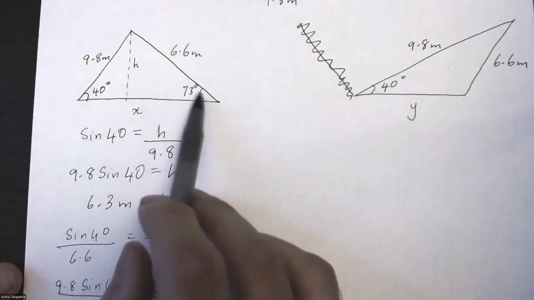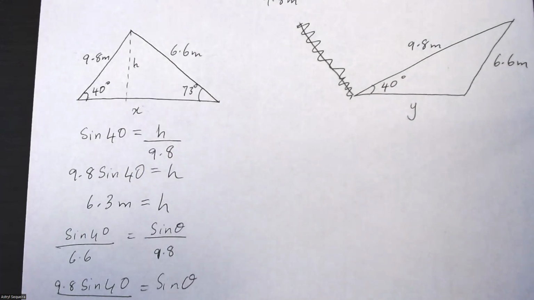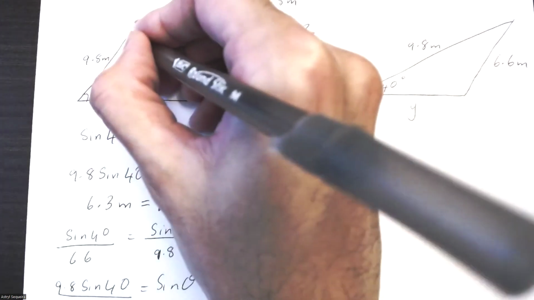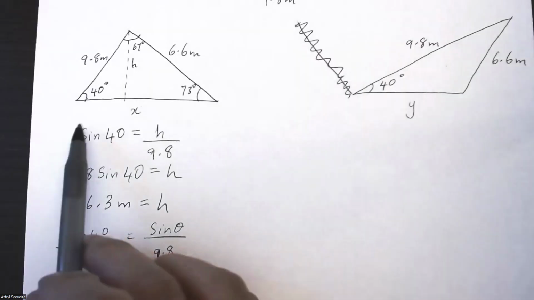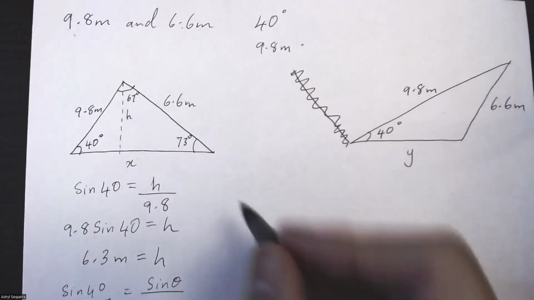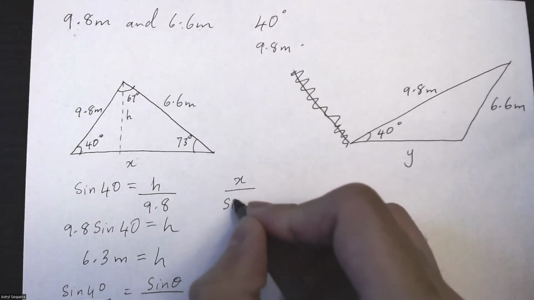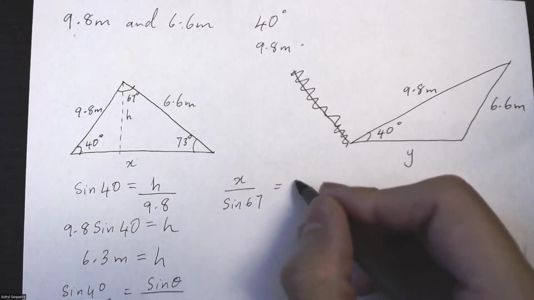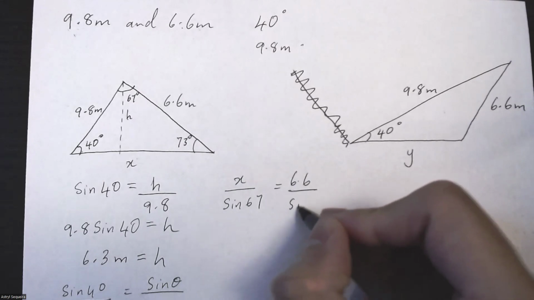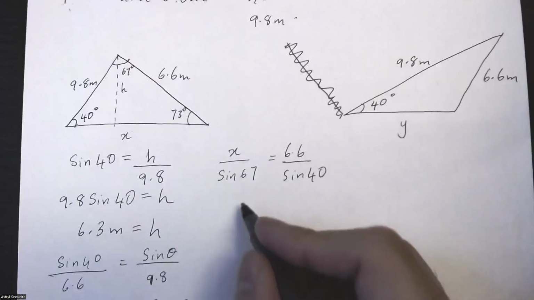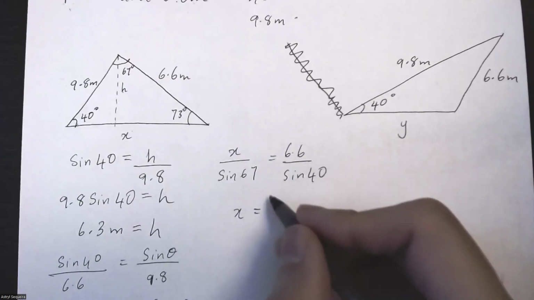Can do 180 minus 73 and 40 to find my third angle, which is 67 degrees. And now again, I can use sine law to find x over here. So x over sine 67 equals 6.6 over sine 40 using my sine law again. I'll cross multiply this over.